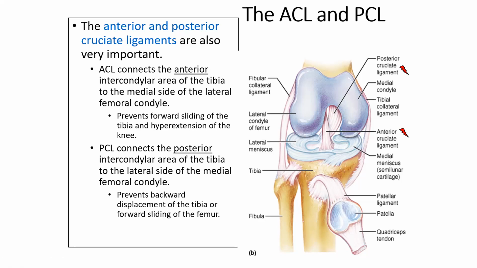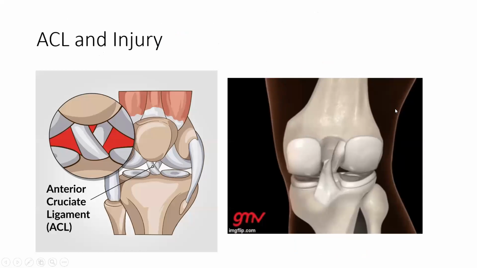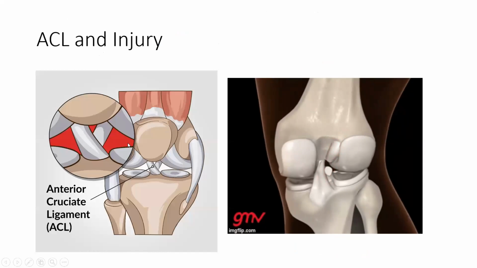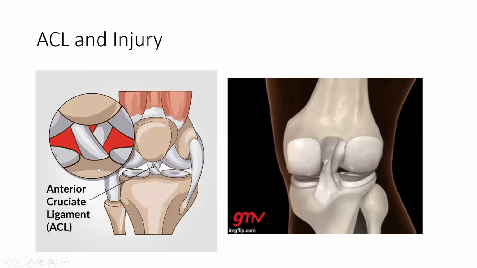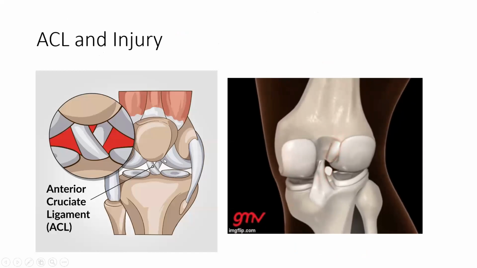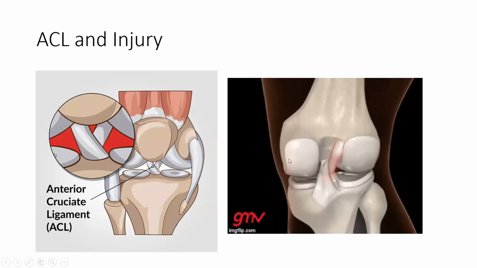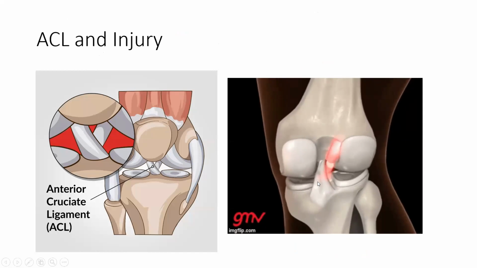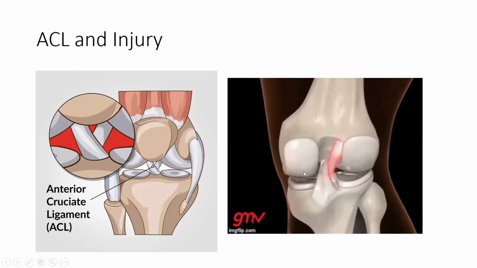We hear about a torn ACL all the time, because we seem to like to hyperextend our knees. That's what happens when we tear the knee. ACL injuries right here. There's the ACL, and we tear it when we hyperextend the knee, and we have to have it surgically repaired.